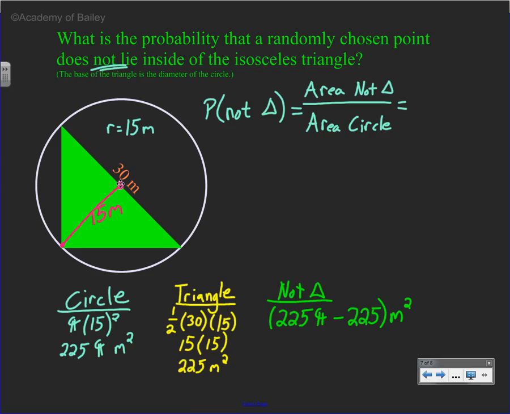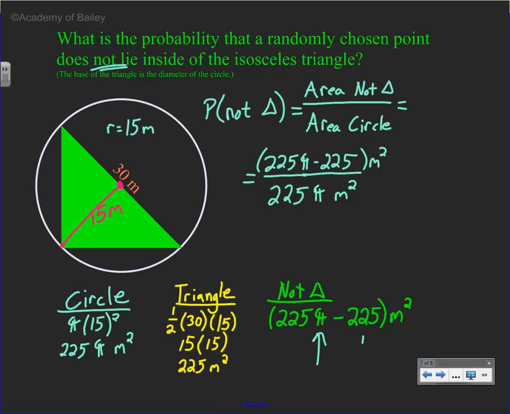And so that's what we put up here. 225 pi minus 225 square meters. And on the bottom we have the area of the circle, 225 pi square meters.